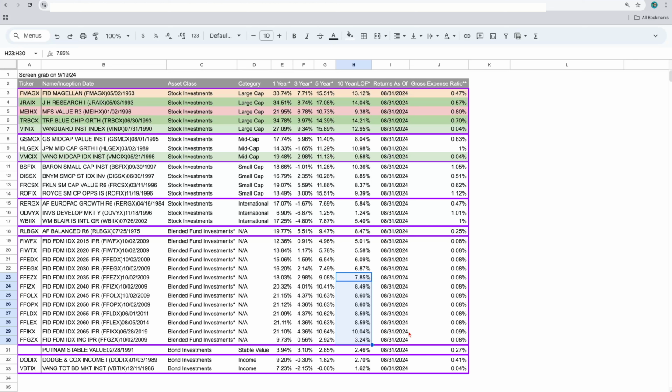Now, if you are closer toward the end of the retirement phase, in the third quarter going to the fourth quarter, then having exposure to all stocks is not a wise choice, because even though it does give you high growth potential, you also have a very high risk.